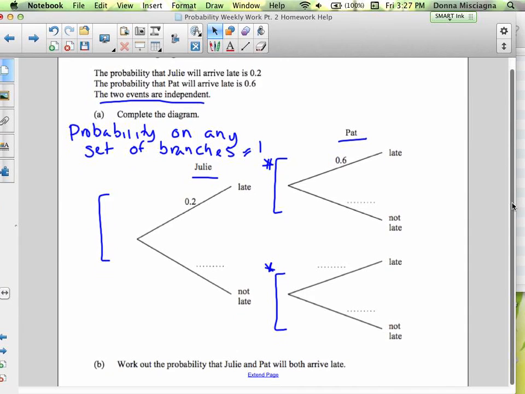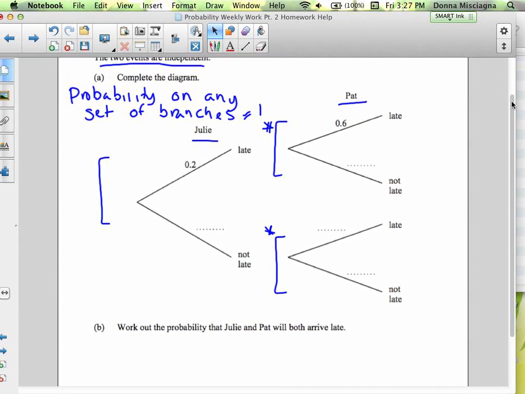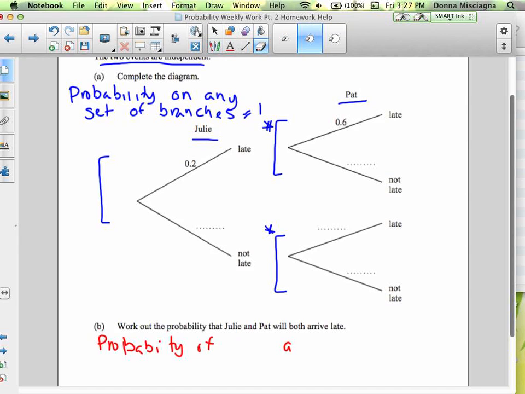Then part B: work out the probability that Julie and Pat will both arrive late. So this is going across a branch. When you find the probability of events across a branch, you multiply.